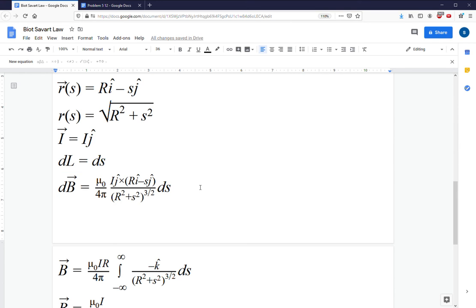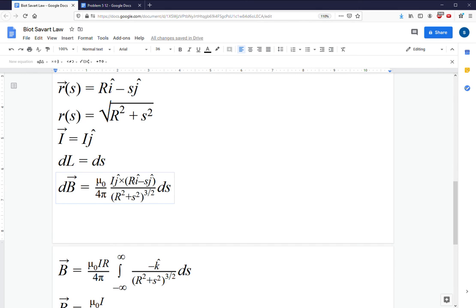Now, before I integrate, I want to point out this is I j hat cross R i hat minus s j hat. We can distribute the cross product, and j hat cross j hat is 0. So the minus s j hat portion goes to 0. And so all we're left with up here is I j hat cross R i hat.